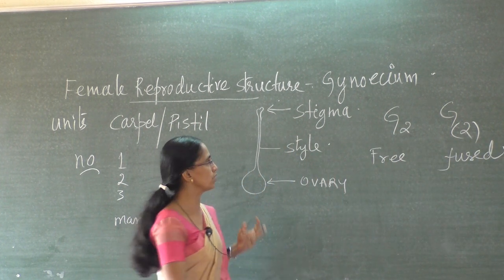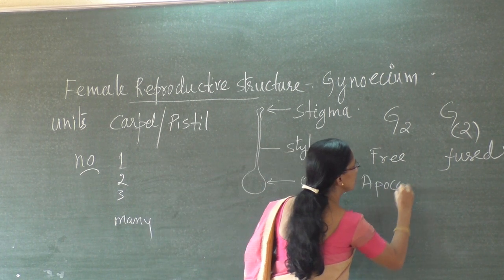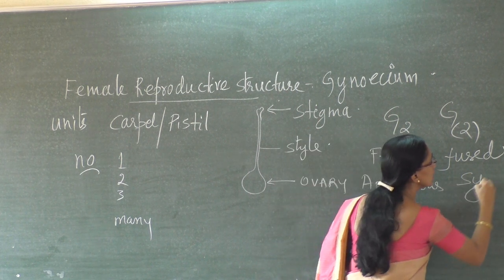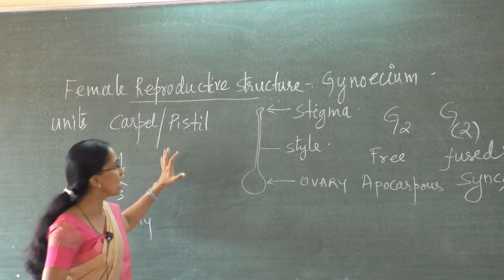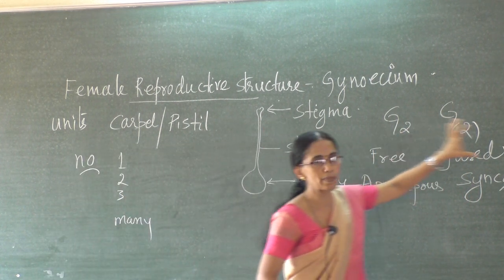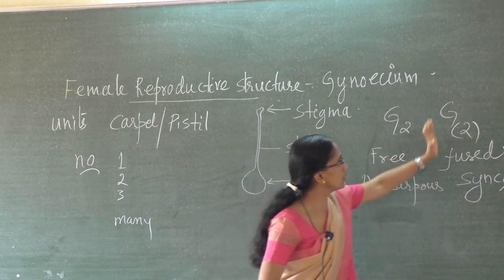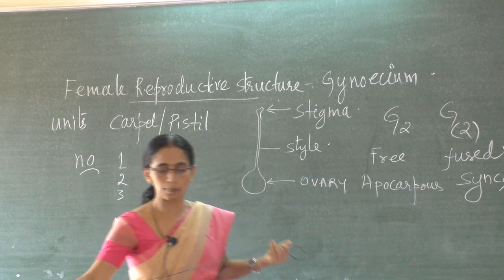For that there are terms. When the carpels are free, it is called apocarpous. When they are united, syncarpous. Free carpels are called apocarpous. When the carpels are fused, the condition is called syncarpous.